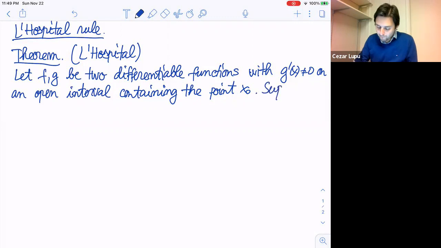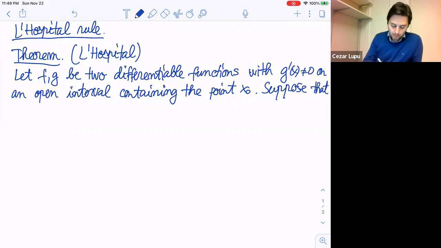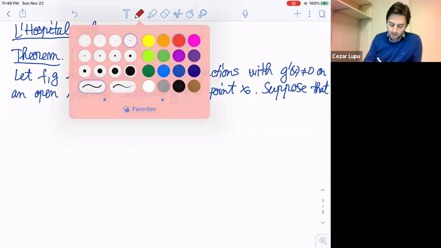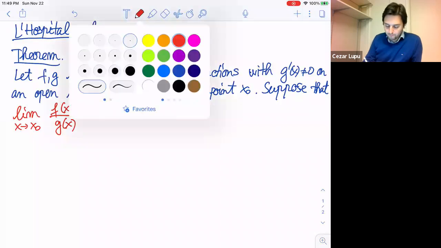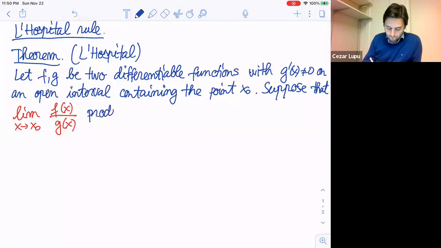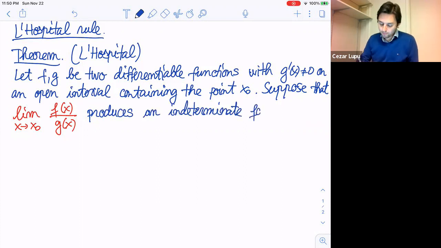Now we suppose that the limit as x approaches x naught of f of x over g of x, so the limit of this ratio, produces an indeterminate form.